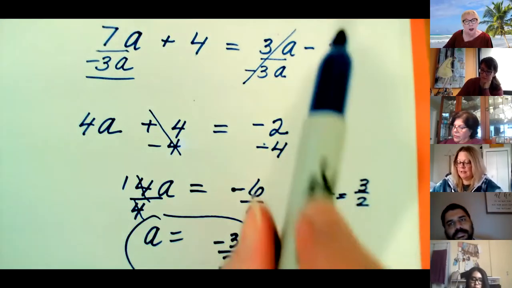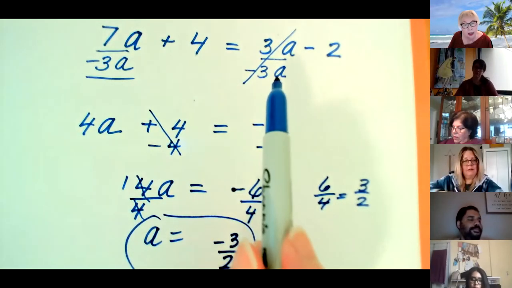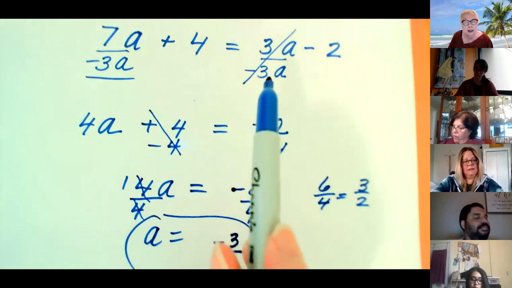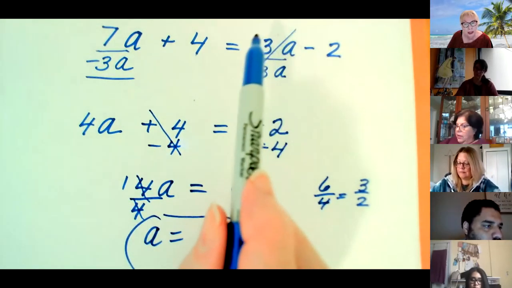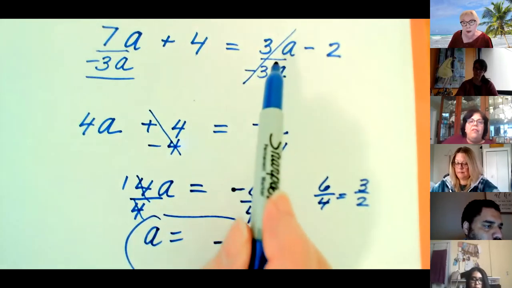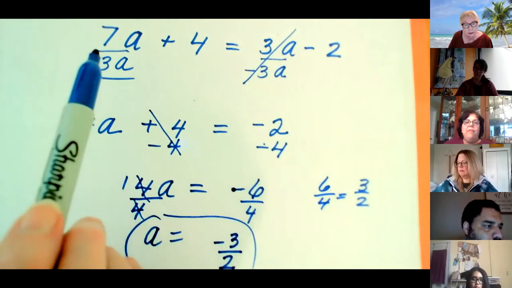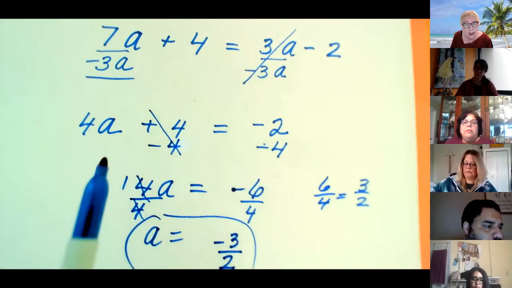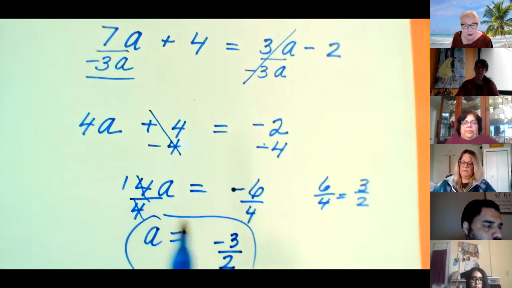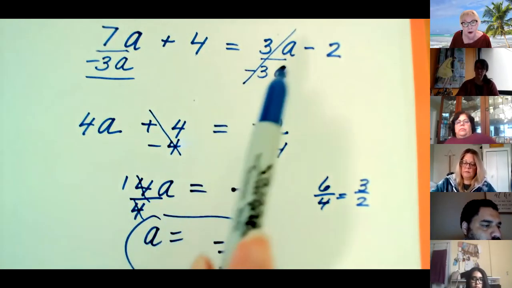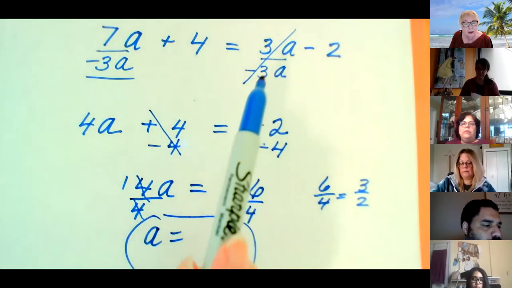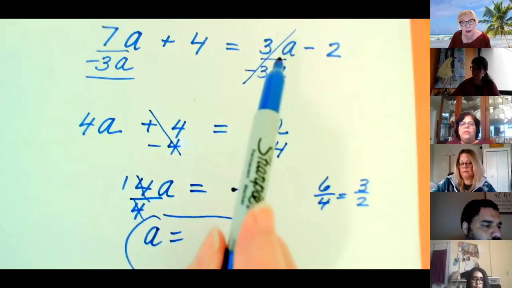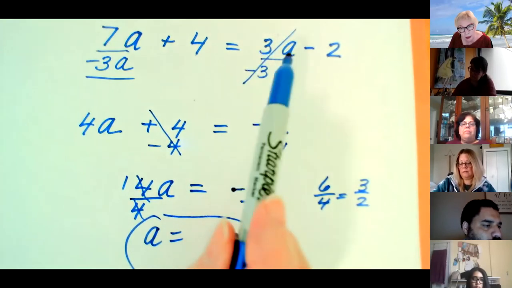So this particular problem had too many steps, and I'll organize it for you very nicely in another class. The problem with this one was that there were letters on both sides. And you need to have them on one side or you'll never get it solved. So I targeted this smaller one, and there's a good reason for that. It was a +3a.